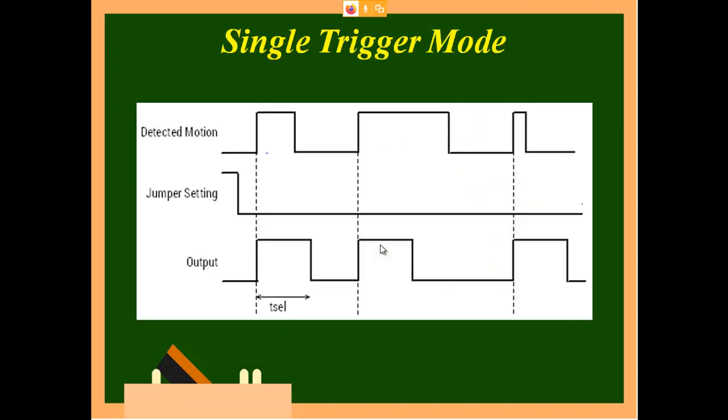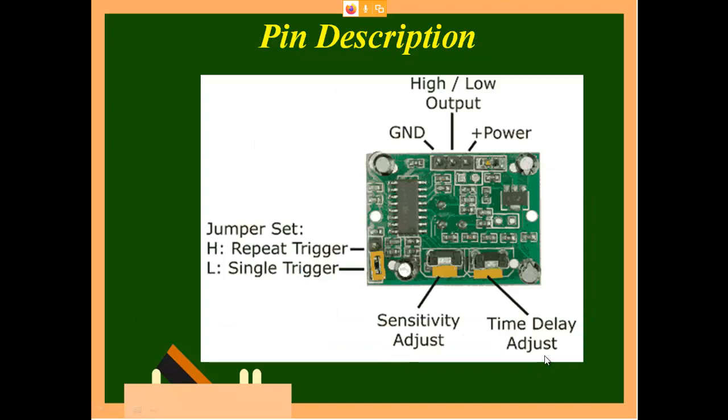So for single trigger, you can identify here, I have detected a motion. Once I have identified this motion, I will generate a pulse, and this pulse width depends upon the delay. Here you are specifying the delay.